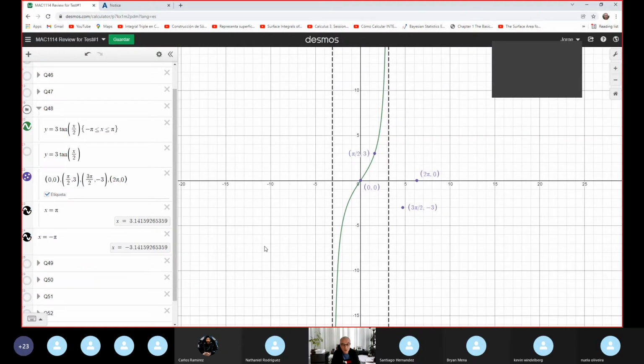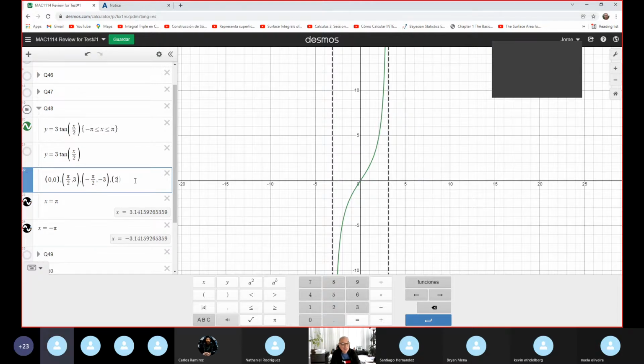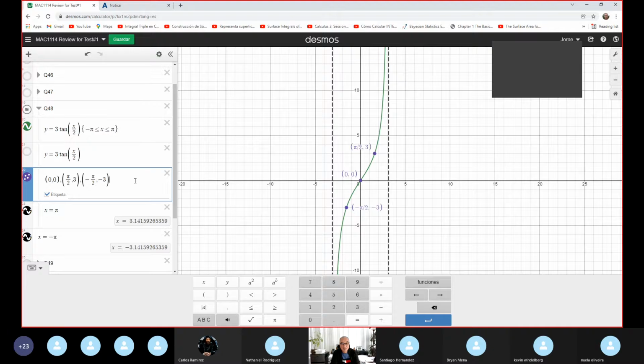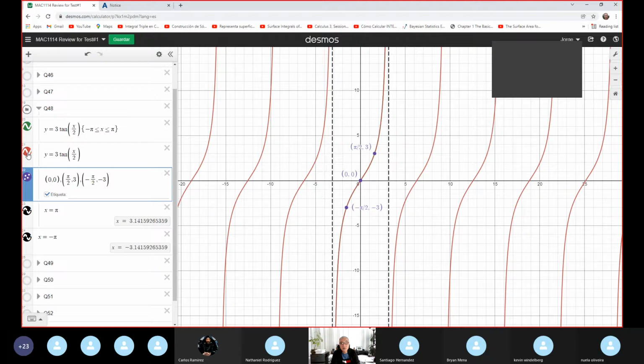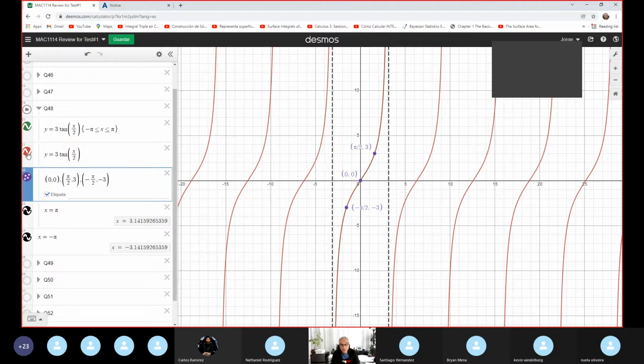And the point is, okay, this is negative pi over 2. Negative pi over 2, comma negative 3 is excellent. And this delete. It's the same. Because the thing I did before was the graph of the next period. You know, this is several periods. But I did the graph of only one period. It's enough because the rest is repetition.